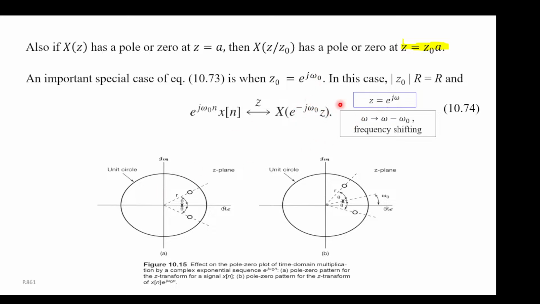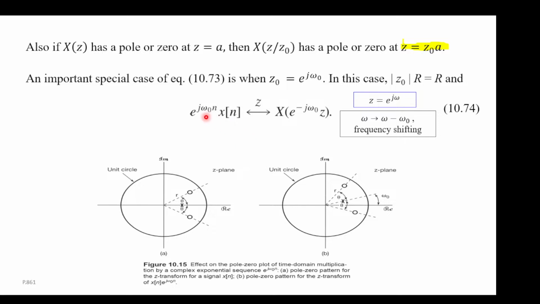And then you also use for the Fourier transform z equal to e to the j omega. So combine these two, you see that omega changes to omega minus omega 0.